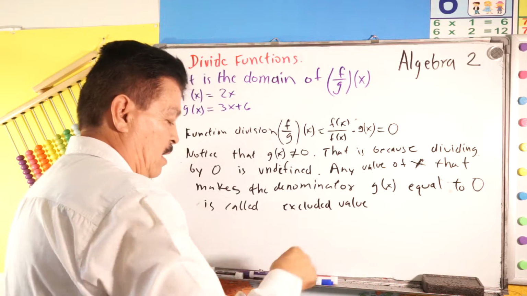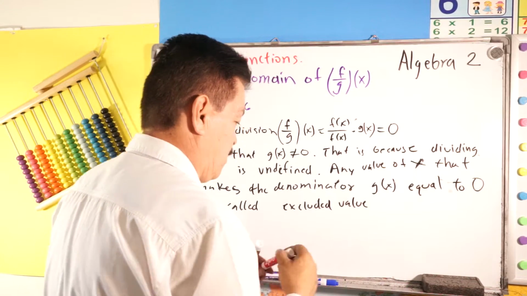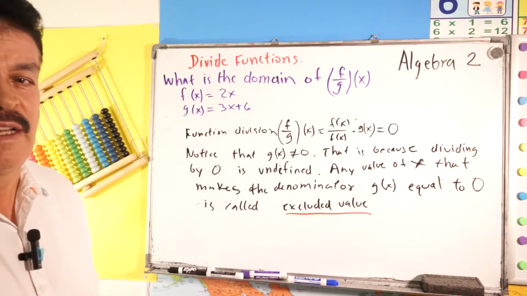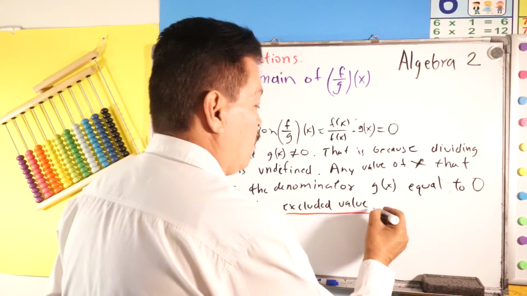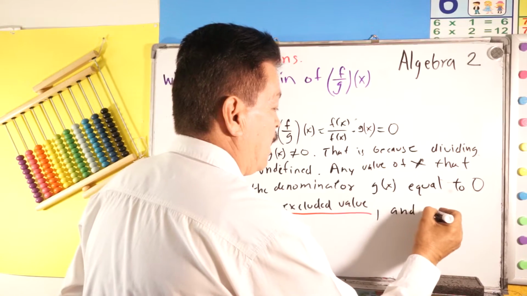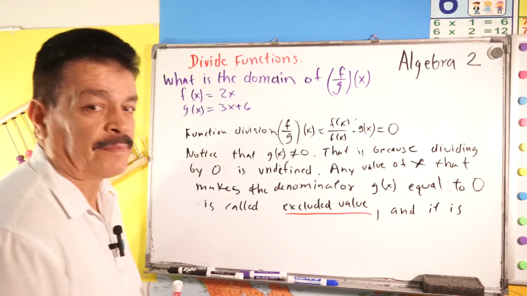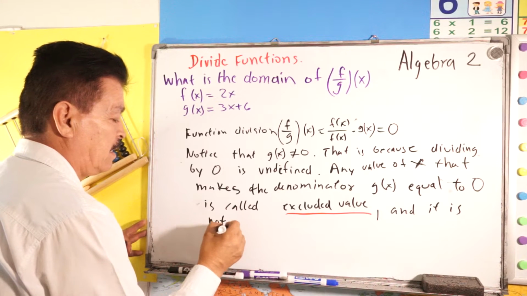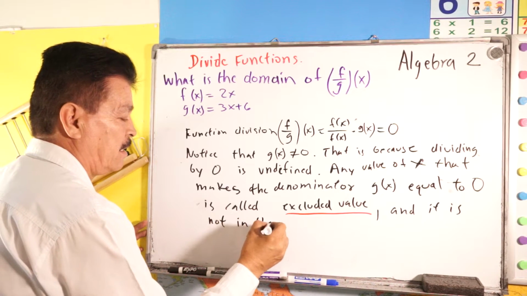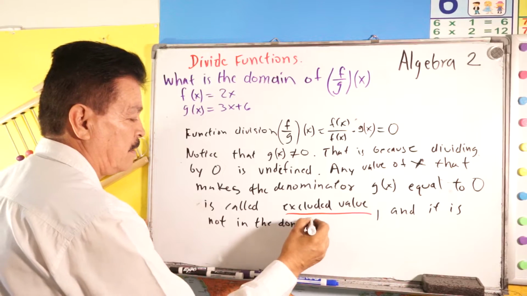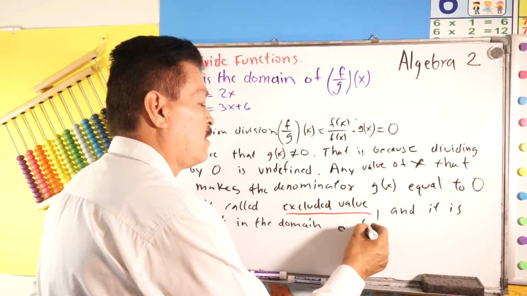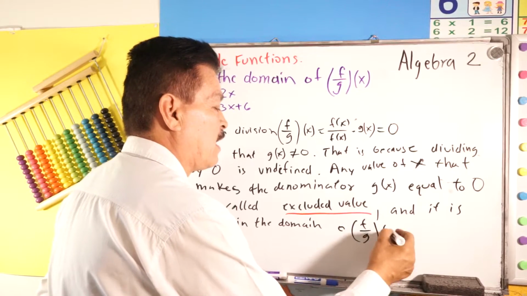Underline this main concept, very important, and keep it in mind. An excluded value is not in the domain of f divided by g of x.